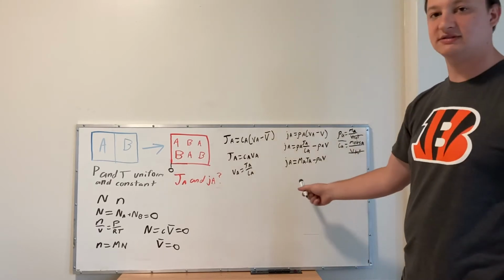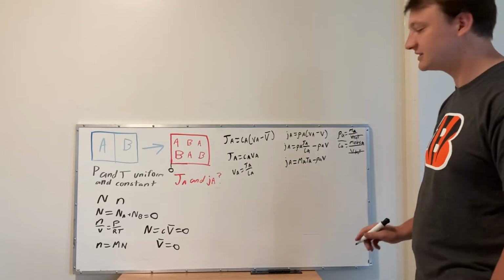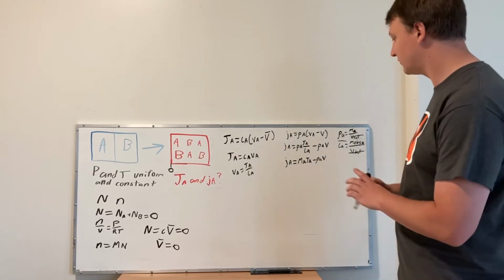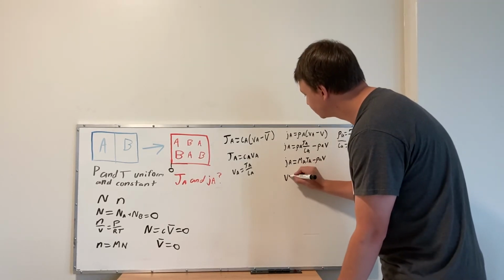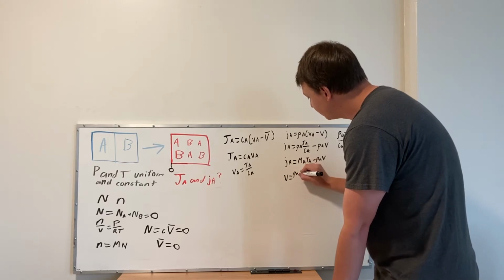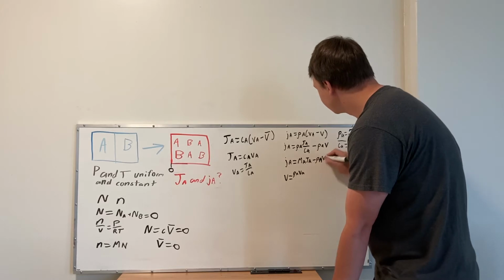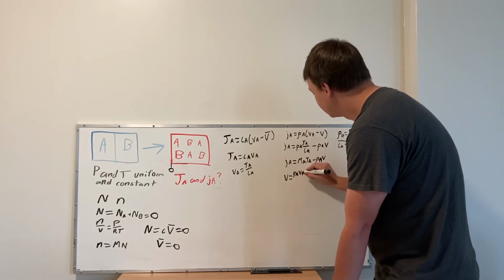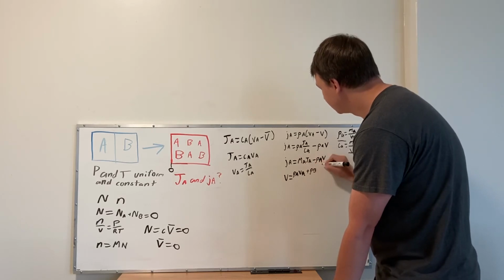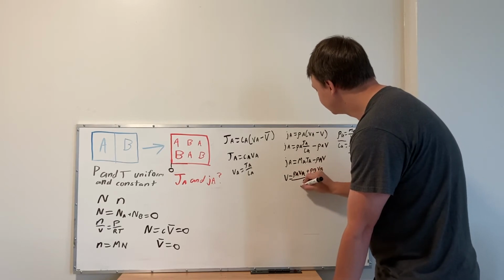Now we're going to look at the other side of this equation, density of A times the total mass average velocity. Now, can't do anything with the density right now, so we're going to look at the total mass average velocity. Its definition is the sum of the components, which is the density of A times velocity of A, plus the density of B times the velocity of B, over total density.